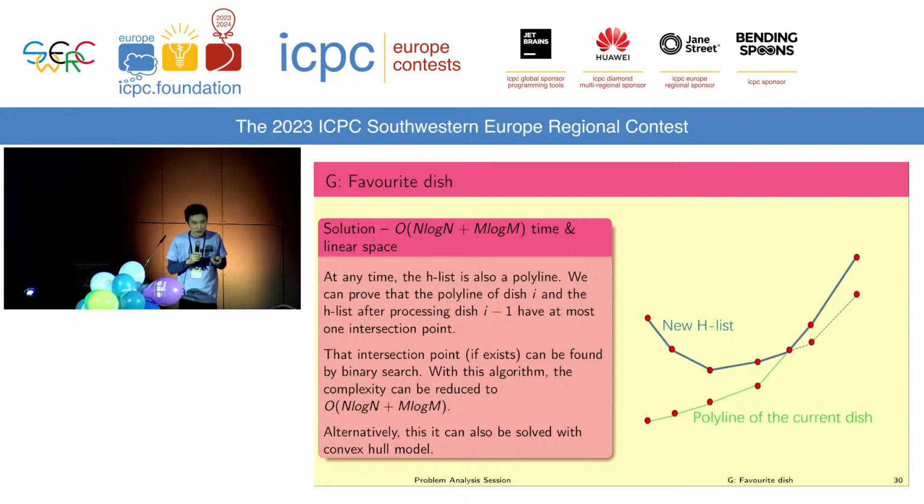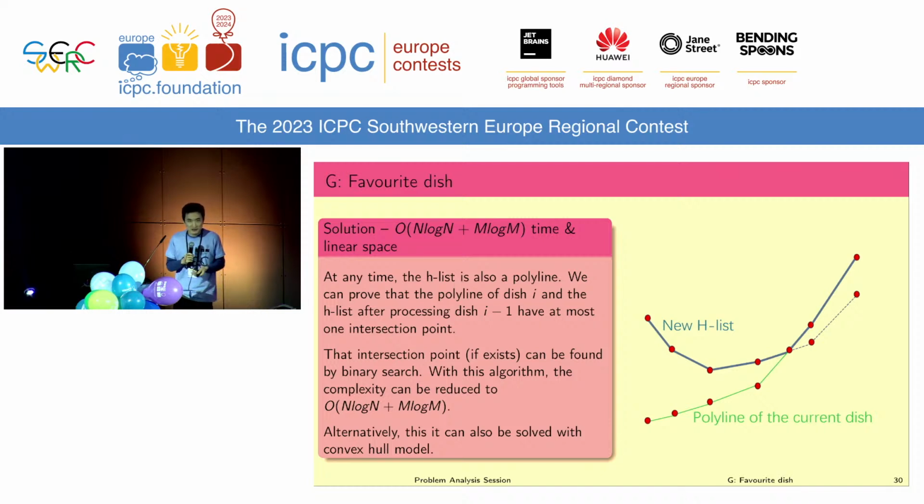We can prove that when we add a new line, there is at most one intersection. So with some binary search, we can update the new H list in log n time. That's how we finally do this algorithm in n log n plus m log m.